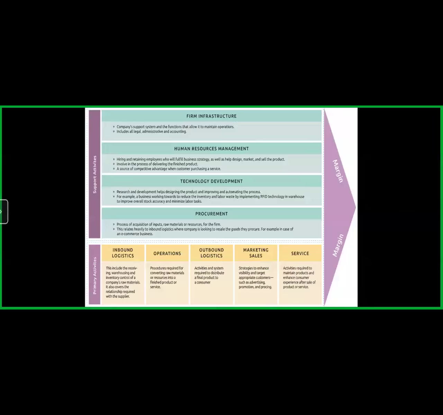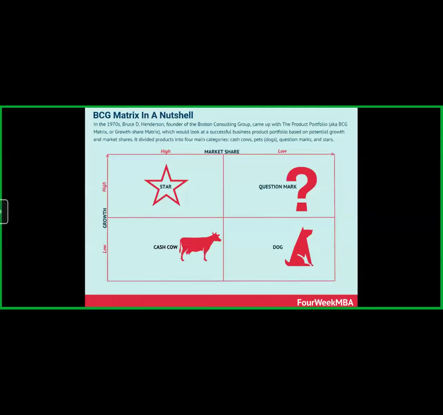Today we will be discussing the BCG matrix. Now I'll first read out what is written on the screen, and then we will discuss.